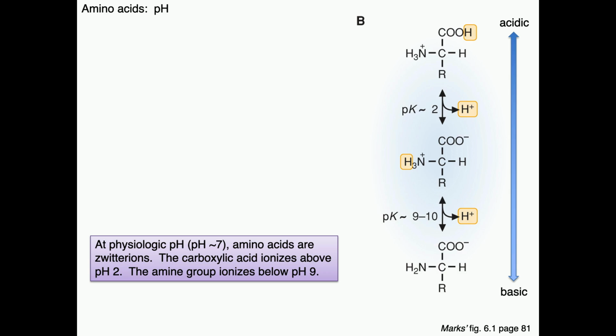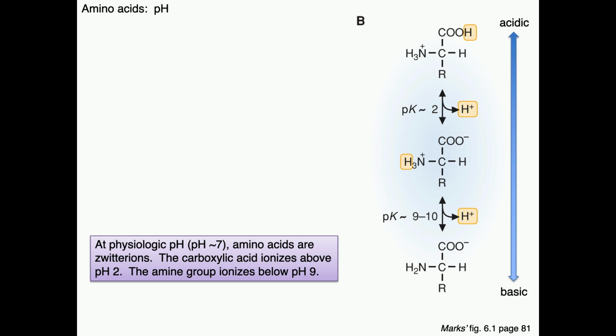If you were to take a pure amino acid in water and add a ton of acid so that it was at a very low pH, the carboxylic acid would be protonated, in the uncharged form.